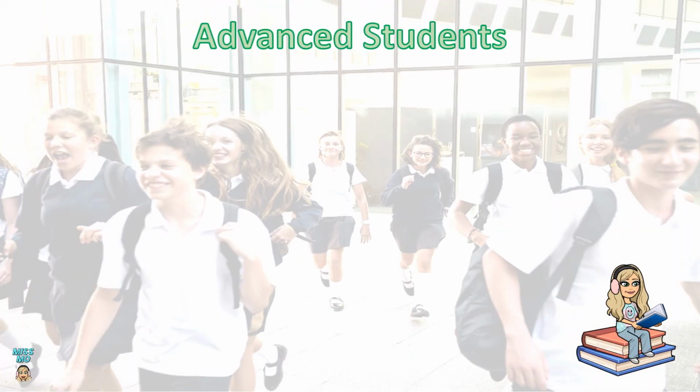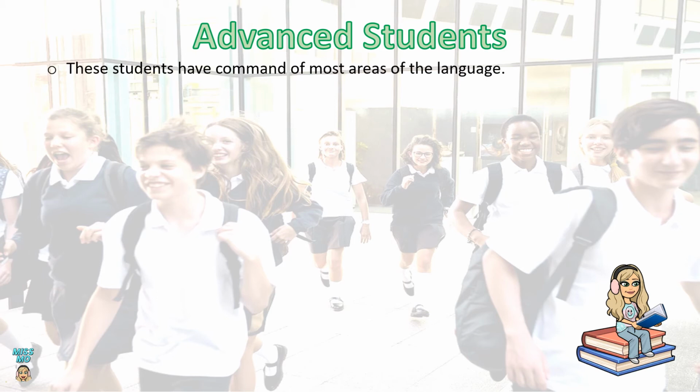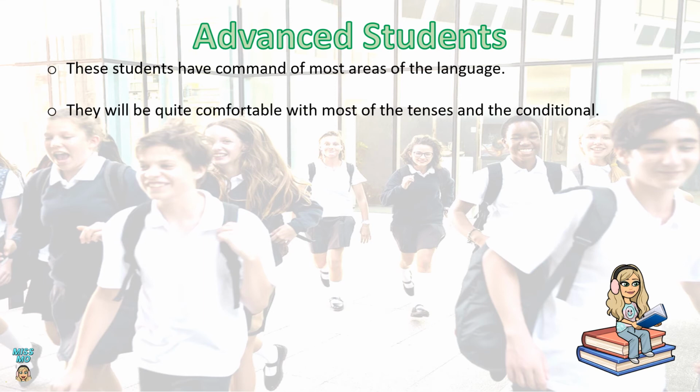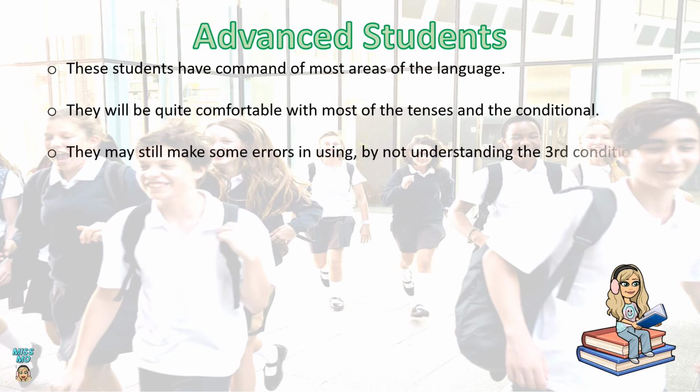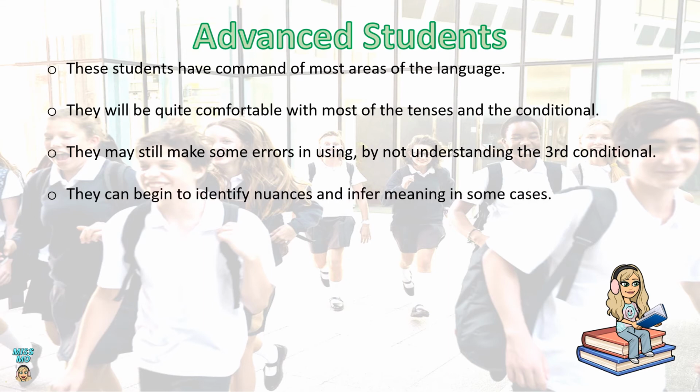The advanced students. These students have command of most areas of the language. They will be quite comfortable with most of the tenses and the conditional. They may still make some errors by not understanding the third conditional. They can begin to identify nuances and infer meaning in some cases.